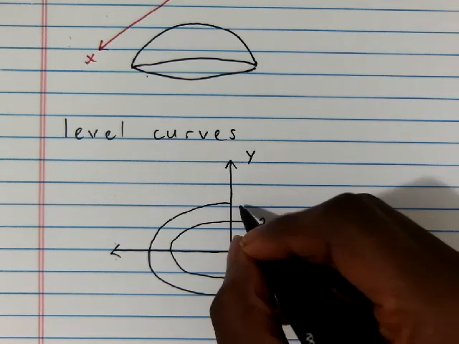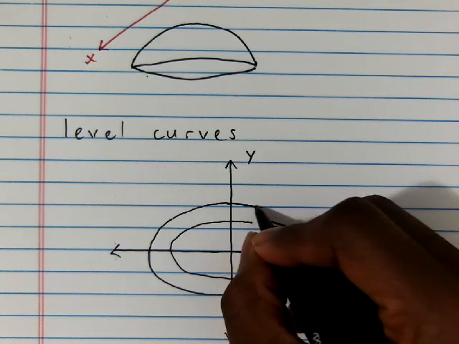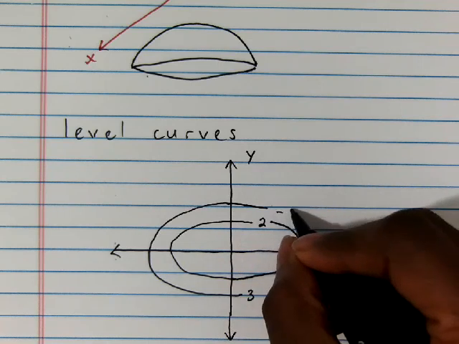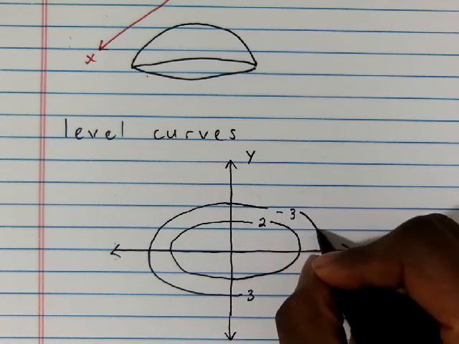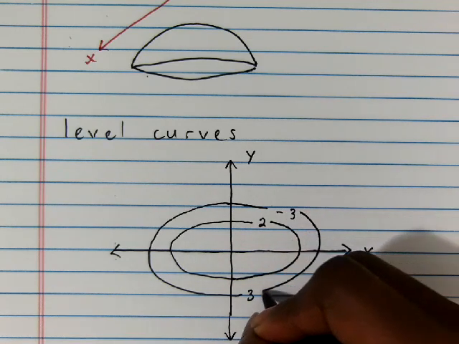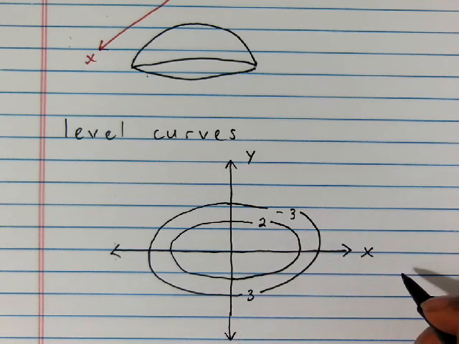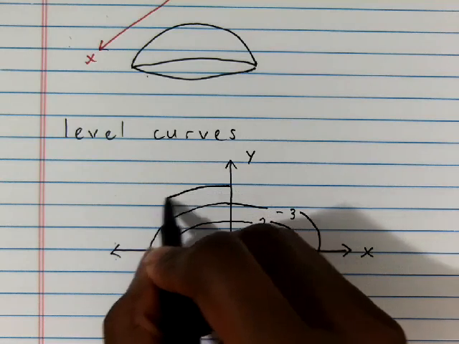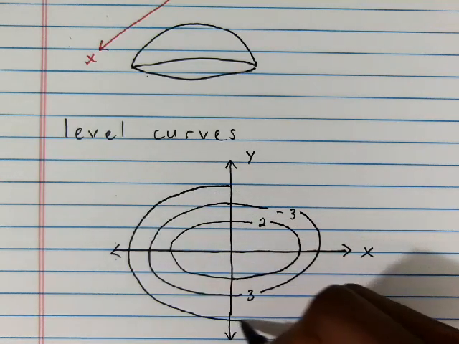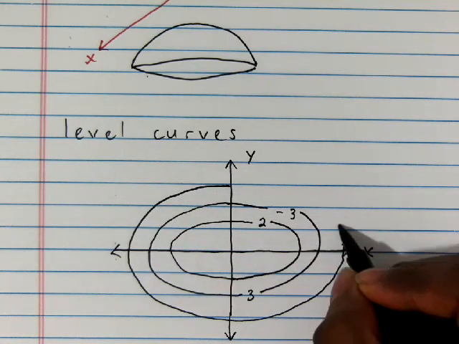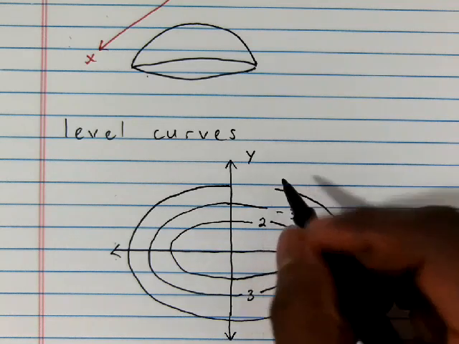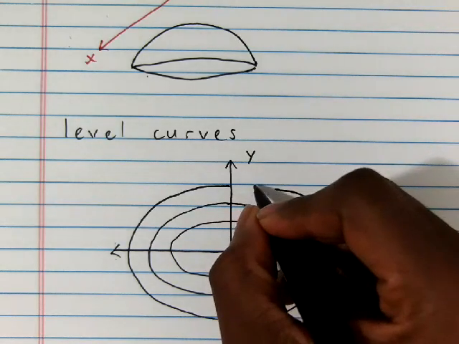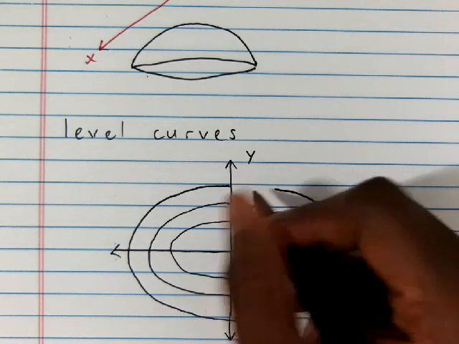But notice I'm going to also put on this same one -3, because as z equals -3, the ellipse is also going to look like that. And I can do z equals 4, or -4. So the ellipse is going to look like that at 4 and -4.